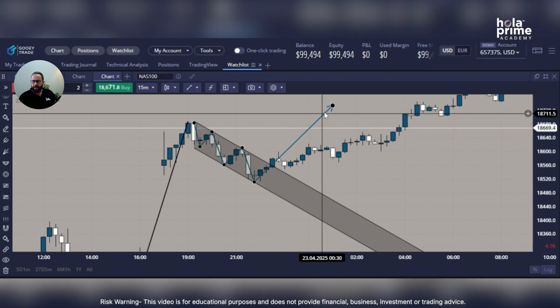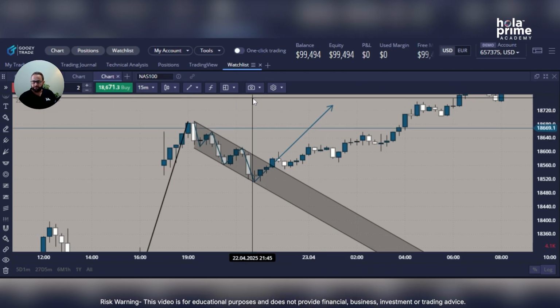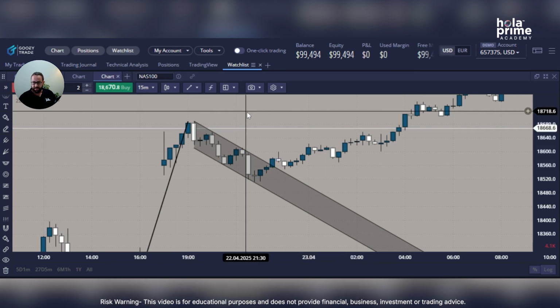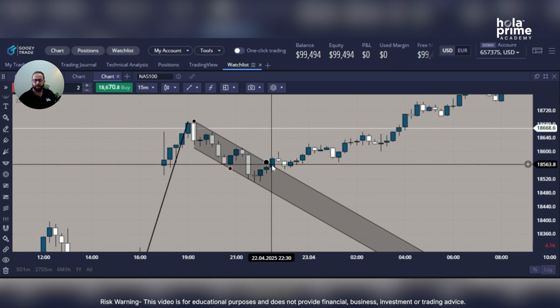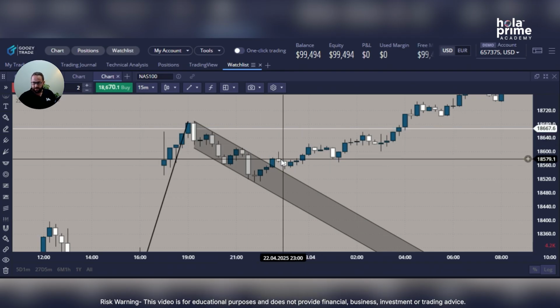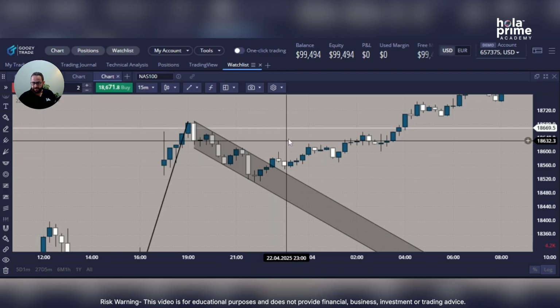Now, the more conservative way that traders actually trade this pattern is that they first wait for a breakout. In this case, with a bullish trend continuation flag, they want to see a breakout of the upper channel line, which happened here on this candle over here.